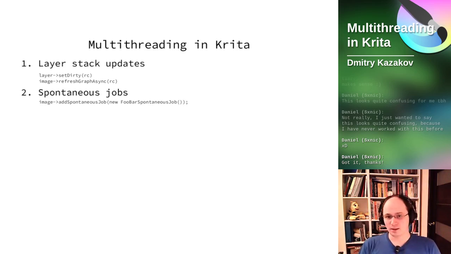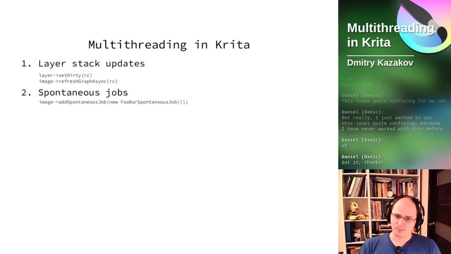But the main point about spontaneous jobs is that it works like queue runnable. If you're familiar with the Qt concurrent framework, it's basically some runnable job that you can run on a scheduler as a single job. The main difference from queue-runnable is that spontaneous jobs are mergeable.